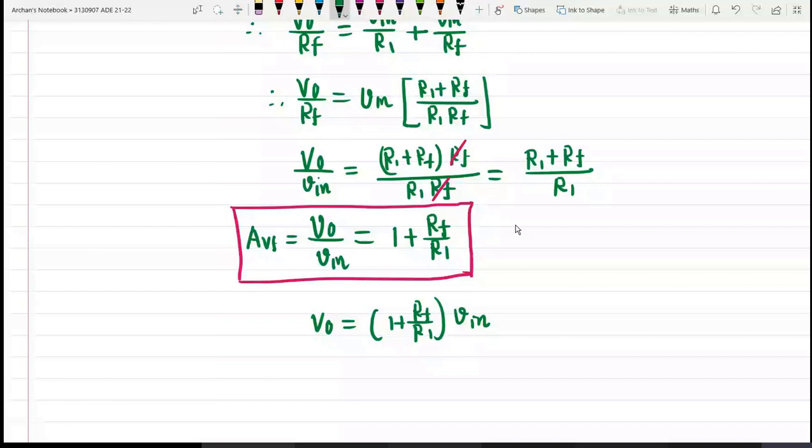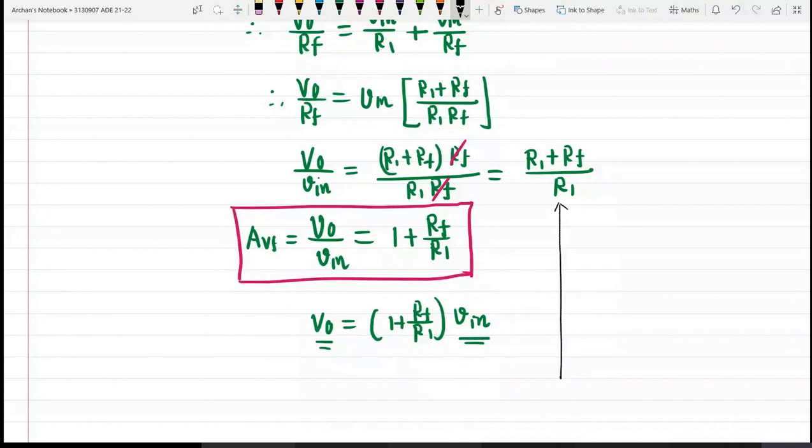And you can see here the output voltage shows a positive sign. This positive sign indicates that there is no phase shift between input and output, so output voltage waveform and input voltage waveform both will be in phase with each other.